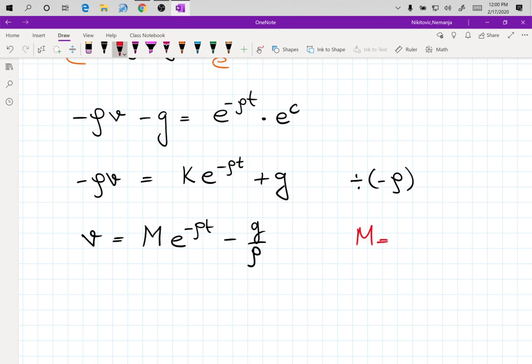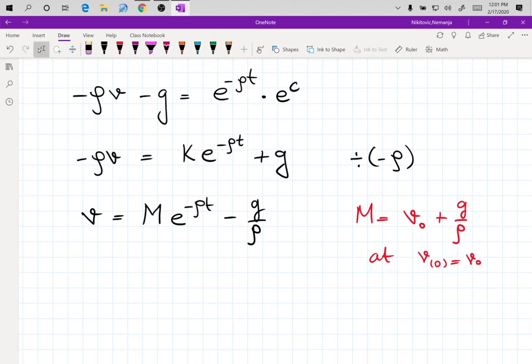So if you use the initial condition, when time equals 0, to figure out m, the velocity at time 0 is v0.